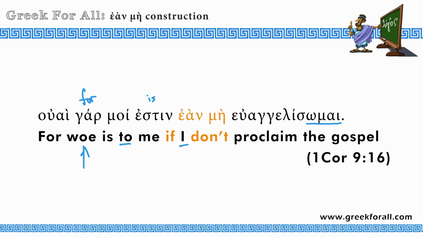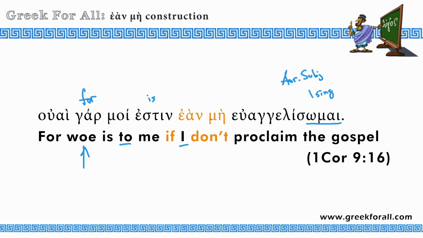They require the verb in the subjunctive mood, and so here we have a confirmation, and sigma is the sign of the aorist subjunctive. So we have the aorist subjunctive, first person singular, meaning I evangelize, or I proclaim the gospel.